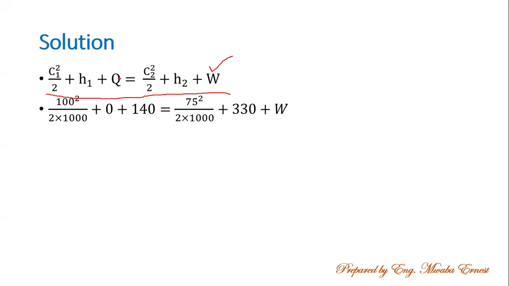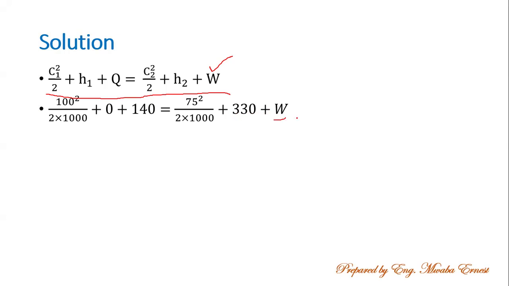Then heat energy, it's an increment in heat, rather it's heat received. It was 140. On exit, we do the same, 75 squared divided by 2 times 1000, plus H2, which is 330, again added to just the work done.